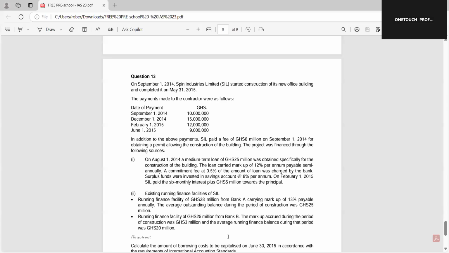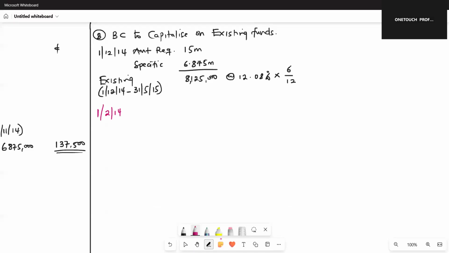Okay, so let's see. So 1st February 2014. Let's see all the respective payments. So there was loan interest. Loan interest to capitalize. That will be 5/12.